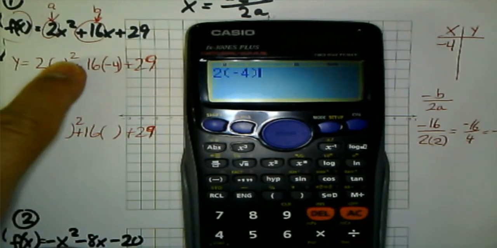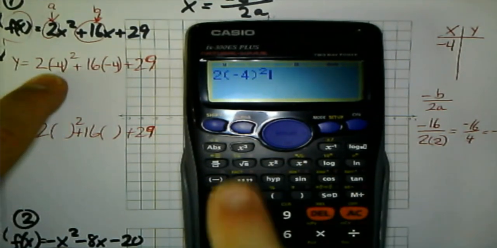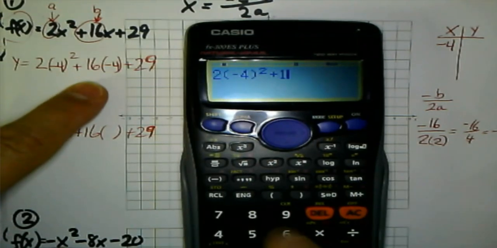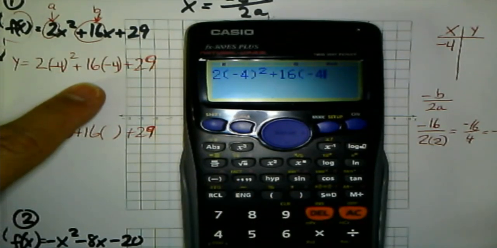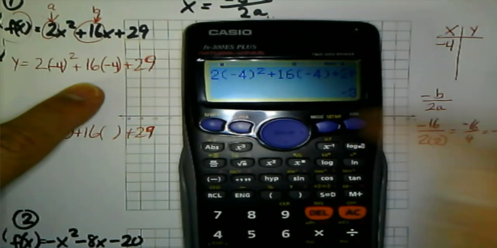Make sure that you square it. A lot of people forget to square it. Does everybody see that looks exactly the same? I love these calculators. Plus 16, parenthesis, again, it's -4. Don't use the minus key. It's -4. And then plus 29. You hit equals, you're going to get -3.